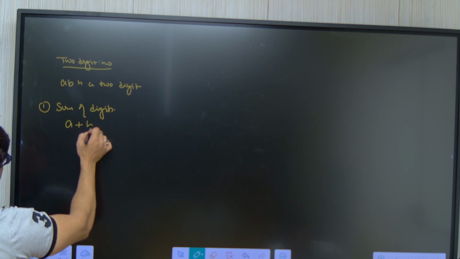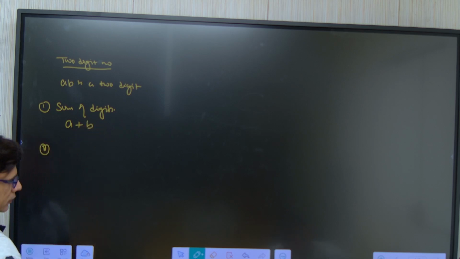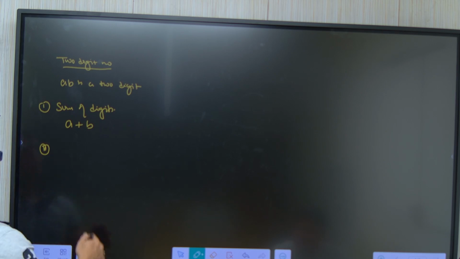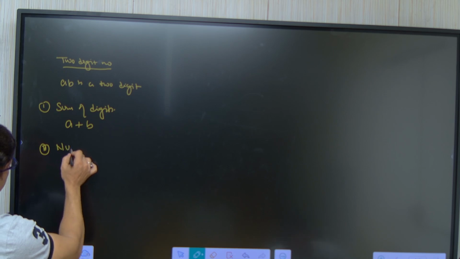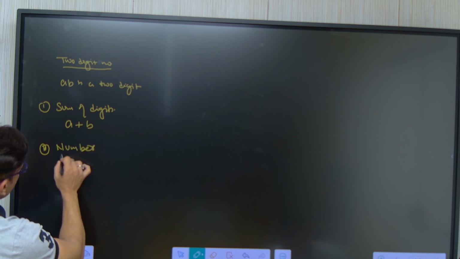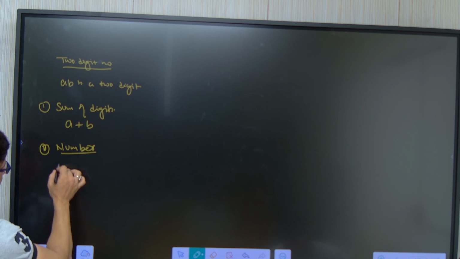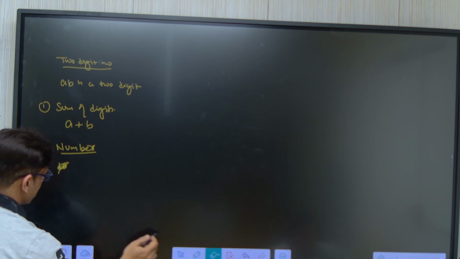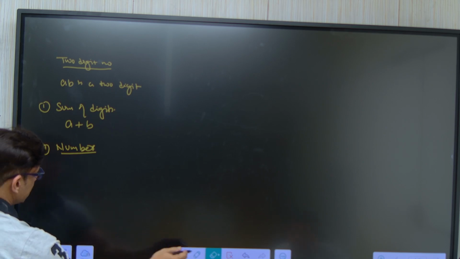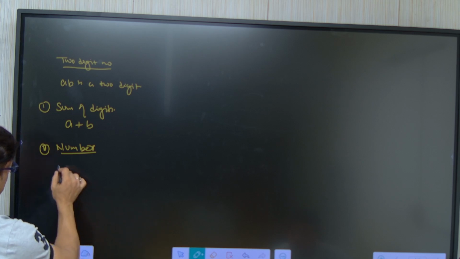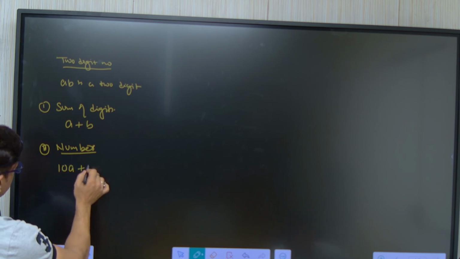A plus B. This is the sum of digits. Second is how you can write this number. Whenever you want to write a two-digit number, you have to use its place value. Then you write this as 10A plus B.